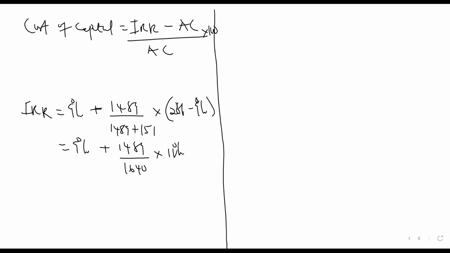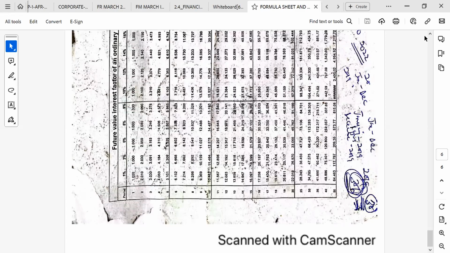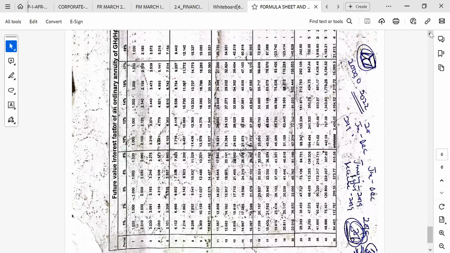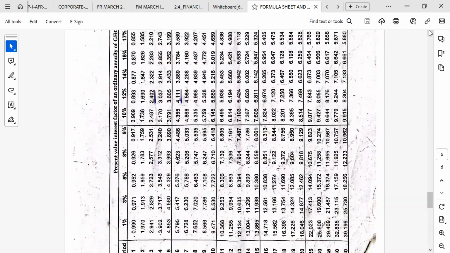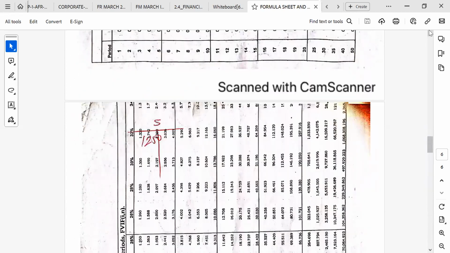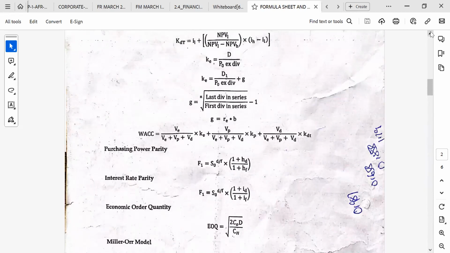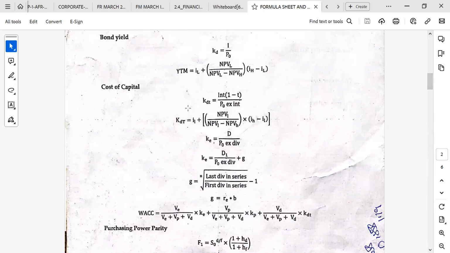Let me show you the formula sheet, and you see the internal rate of return formula. This is the internal rate of return formula, which is what we use for the debts, the redeemable debts.